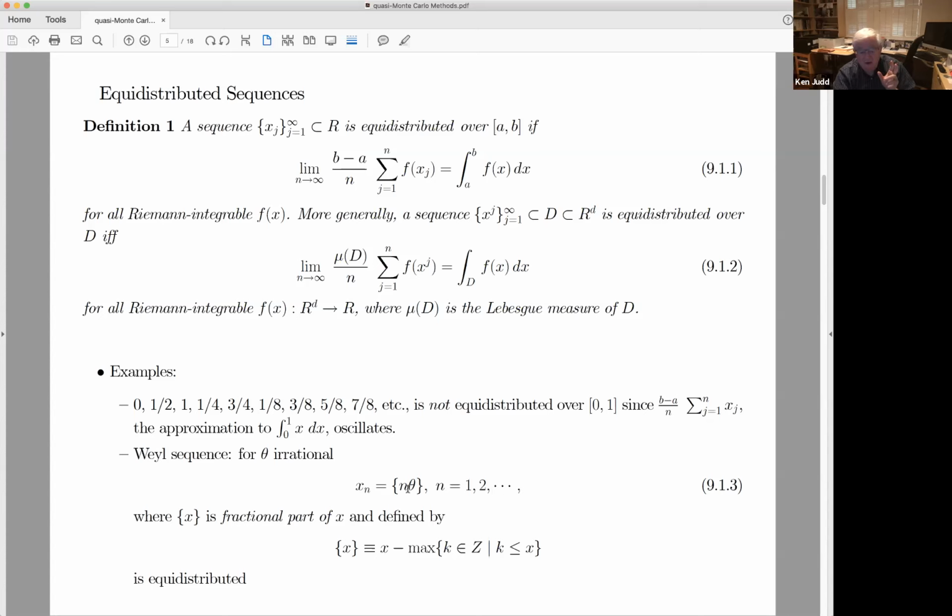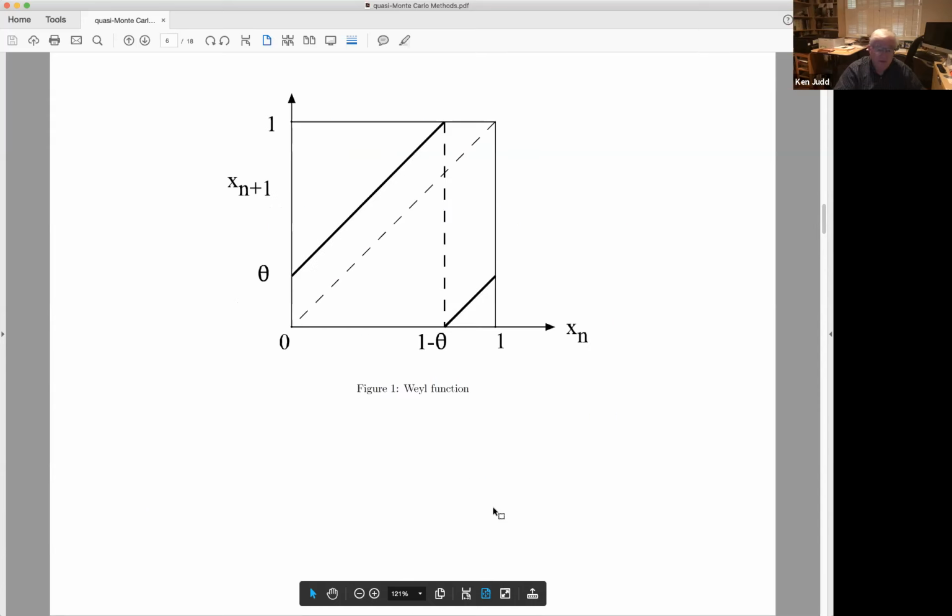The nth draw is going to be n times this irrational number, and then you truncate the integral part and just get the fractional part. So this is new notation: x in wiggly brackets is the fractional part of x. You just lop off everything to the left of the decimal point. Now, this sequence is equidistributed.